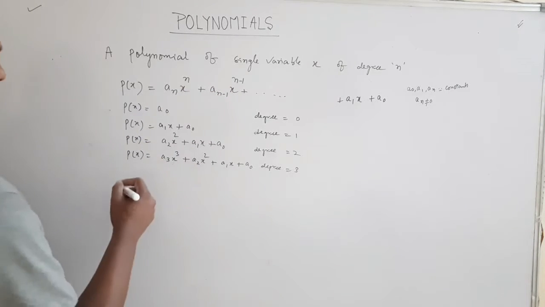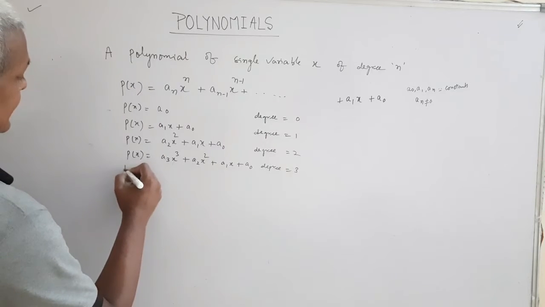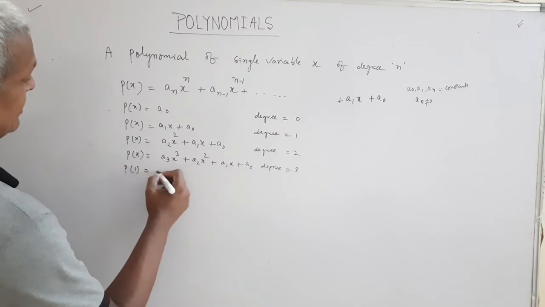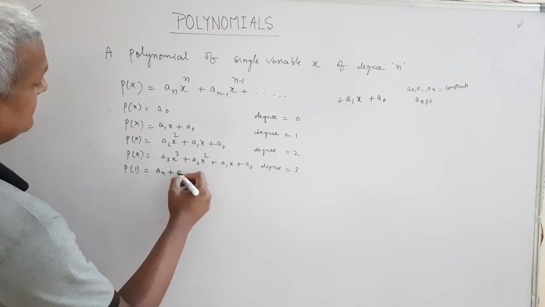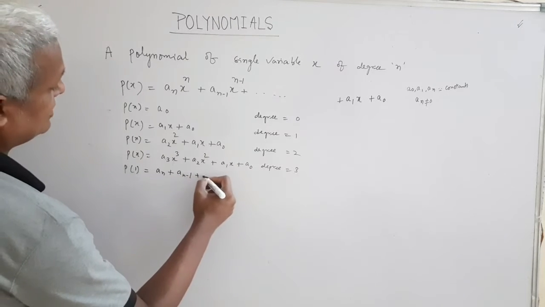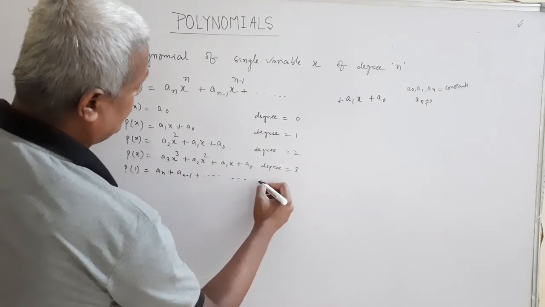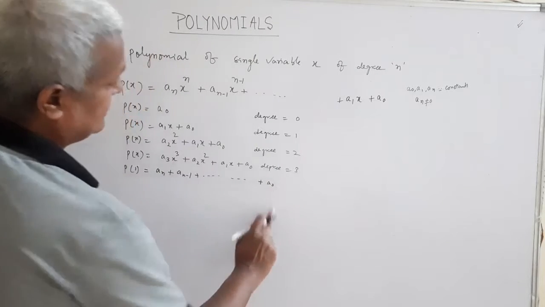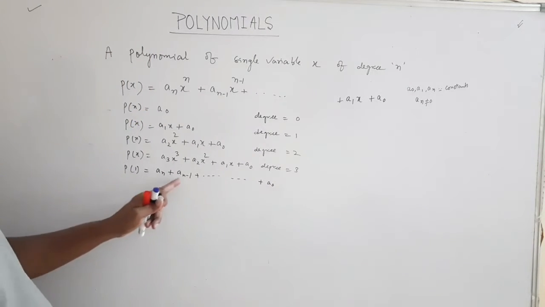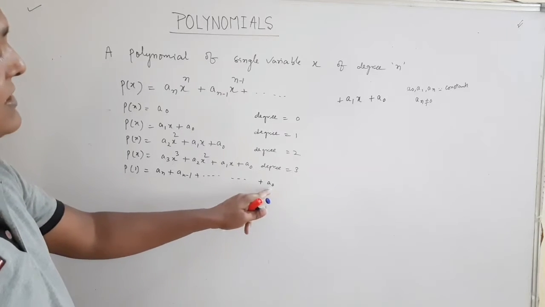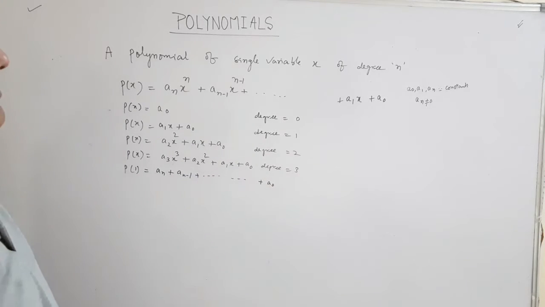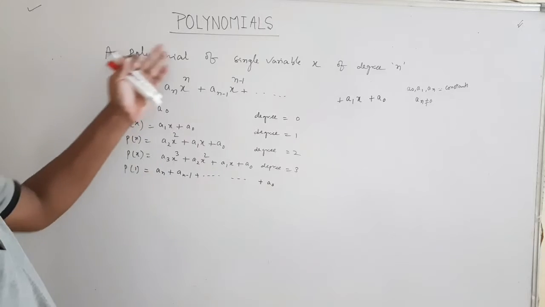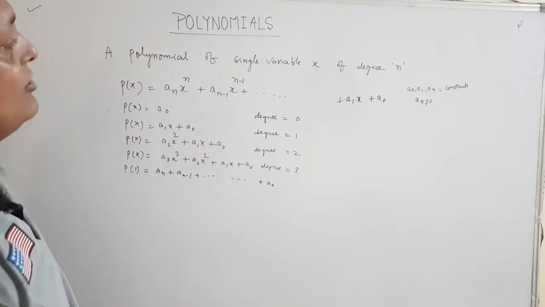Suppose x is equal to 1, then I get P(1) = an plus an-1 plus dot dot dot plus a0. If all of these are real values, then this will be called a real valued polynomial.